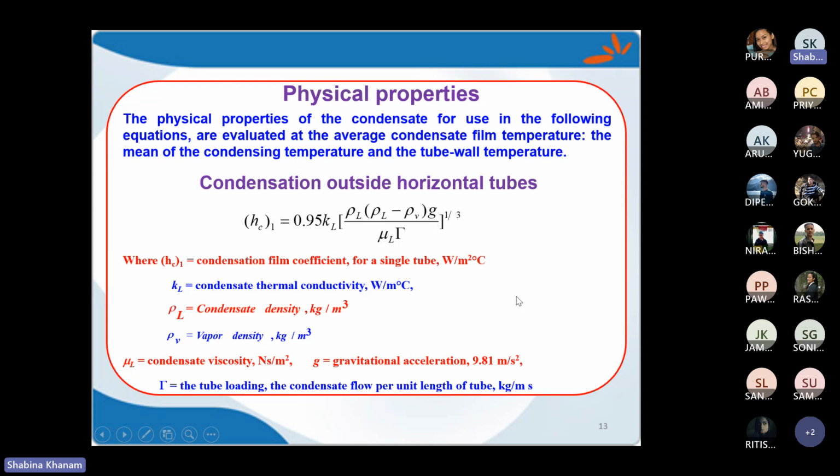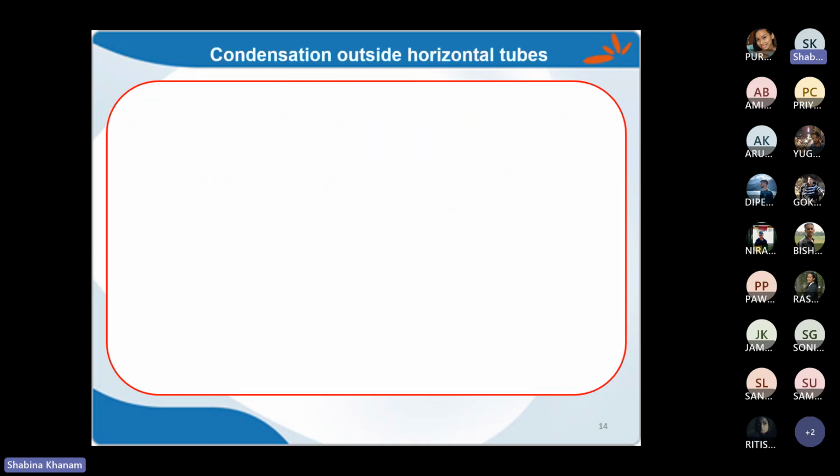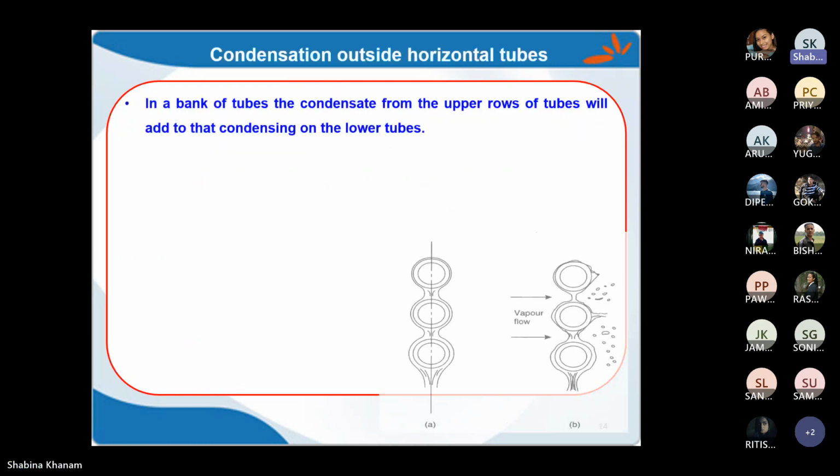Now this HC1 is only for the topmost tube. How will it work for the complete bundle? Let's see how it will work. When I'm having this condensation, this is the bundle.